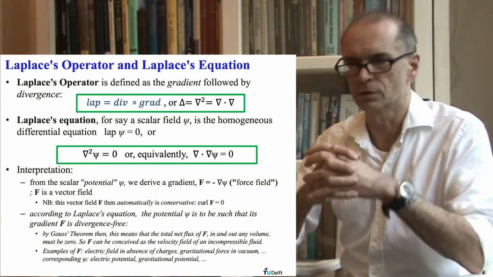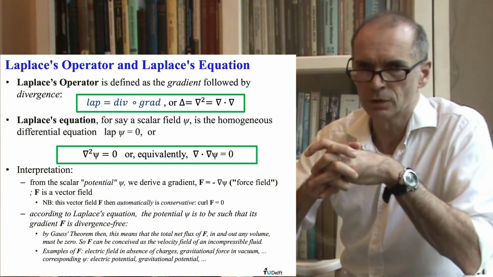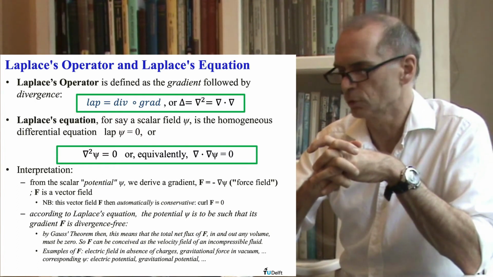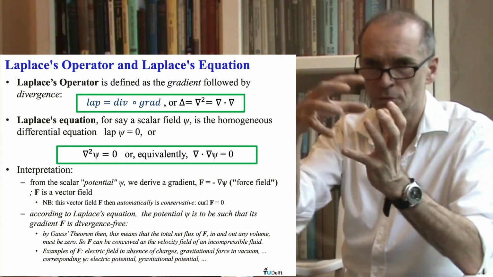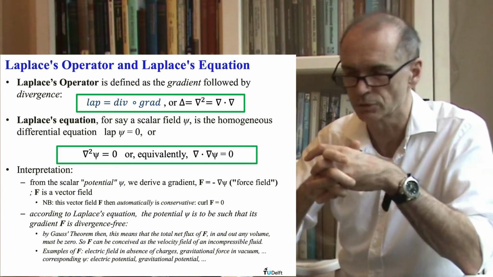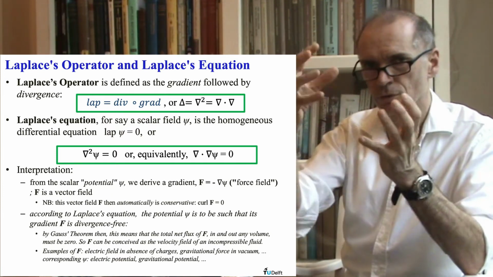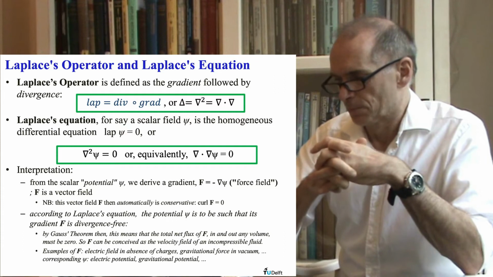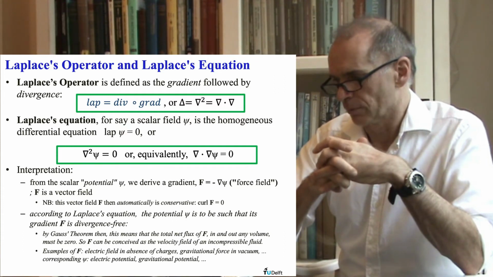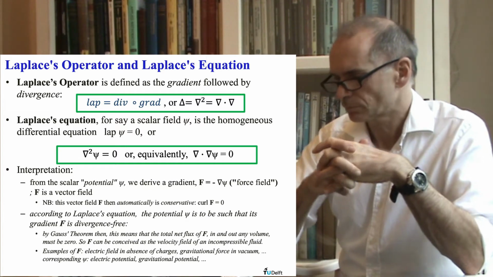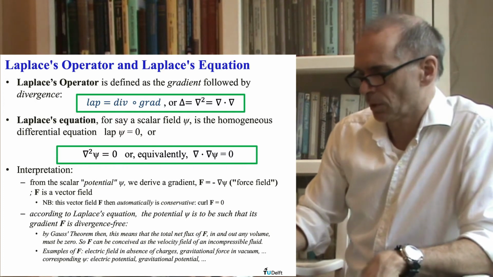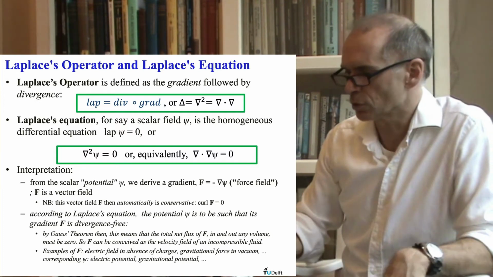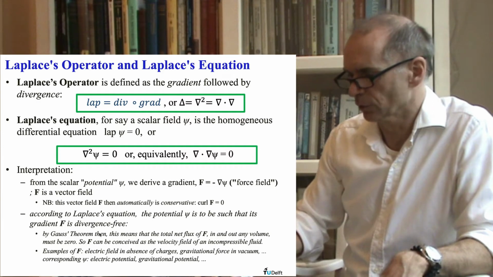So you could conceive it that F then is the velocity field of an incompressible fluid. So a fluid is going into some volume, and if it is not compressible, then it must come out somewhere else. And the total flux of the velocity of that fluid must be zero then. So that is a conceptual way to conceive the notion of a divergence-free field.